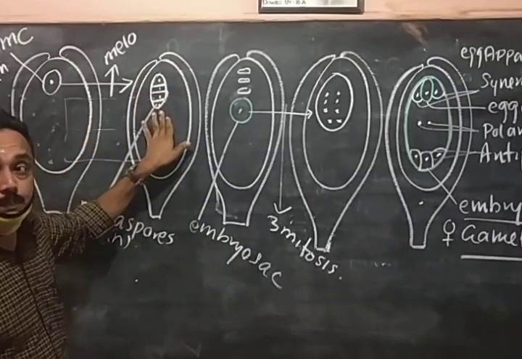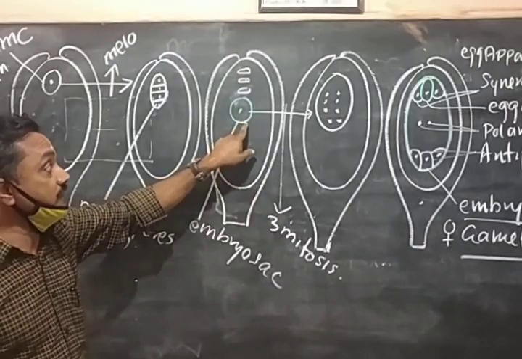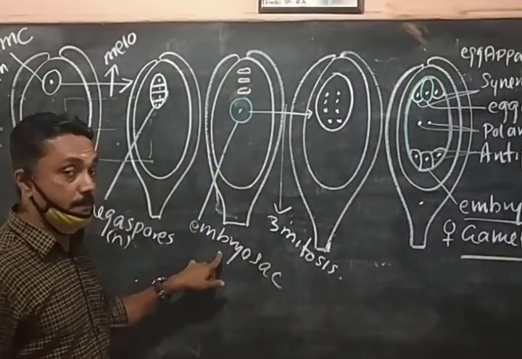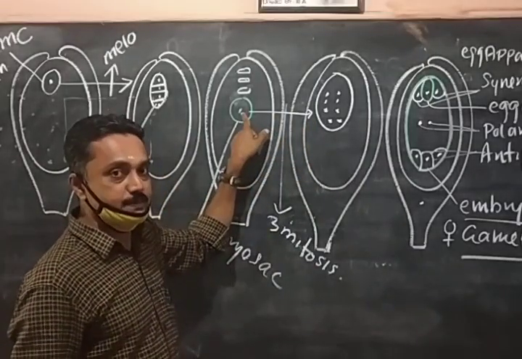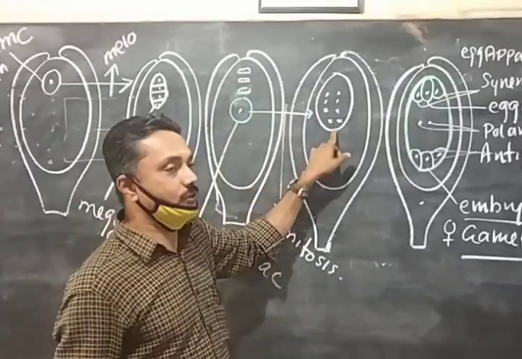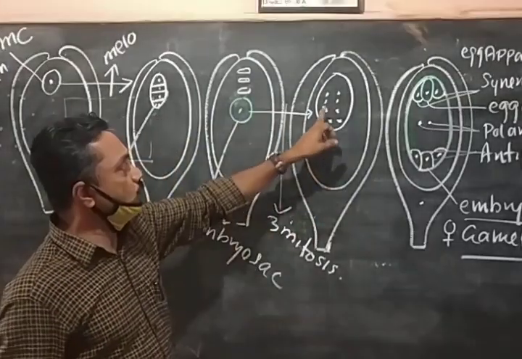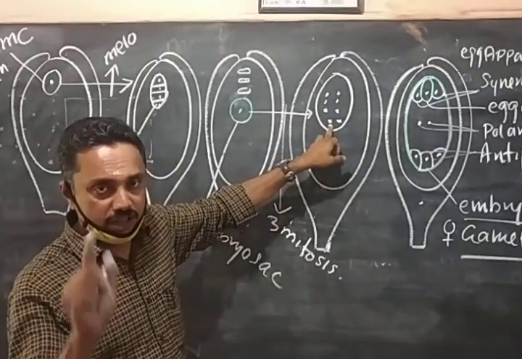Of the 4 megaspores, 3 degenerate and 1 survives. The surviving megaspore enlarges into the embryo sac, and the nucleus of the surviving megaspore divides by mitosis 3 times. Only nuclear division, karyokinesis, takes place; cytokinesis does not take place.